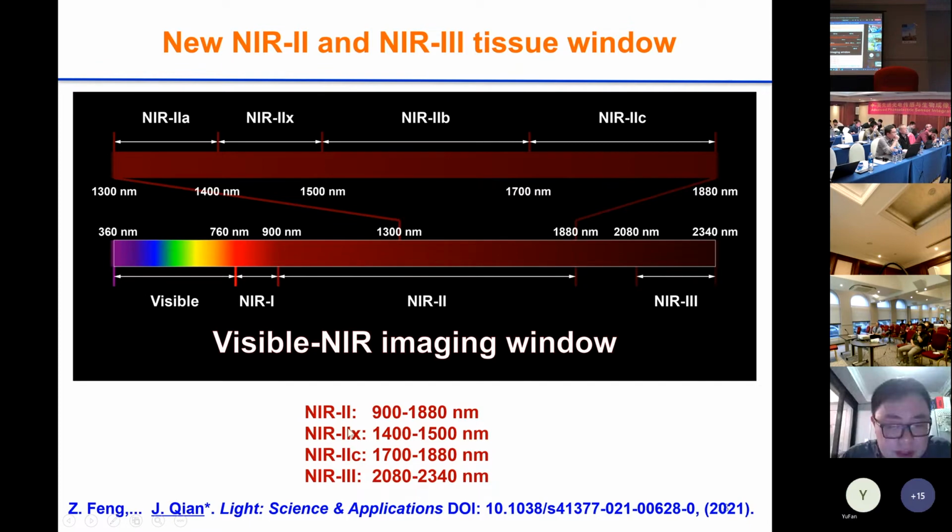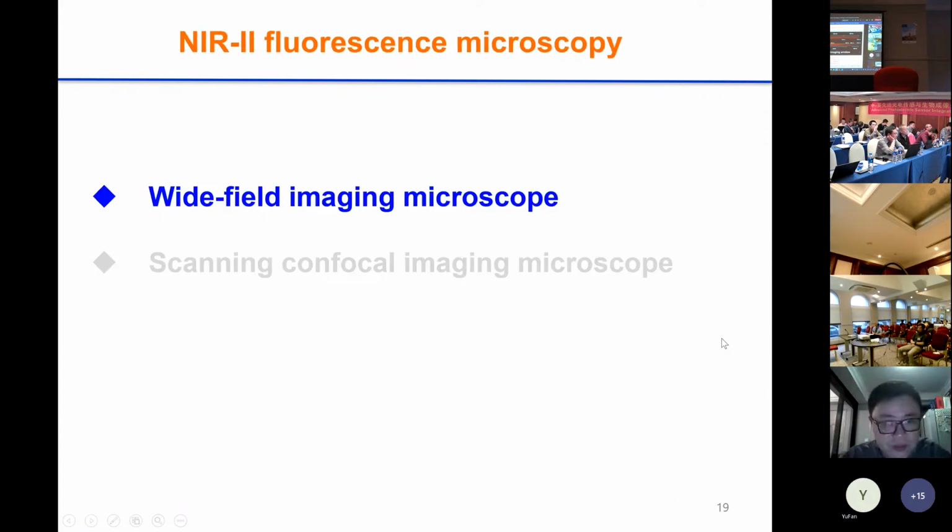So this one is dependent on the brightness of the fluorescent probes. And also we defined 2080 to 2340 nanometer as the near IR3 window. According to our study, this is a very potential window for high performance fluorescence bioimaging.